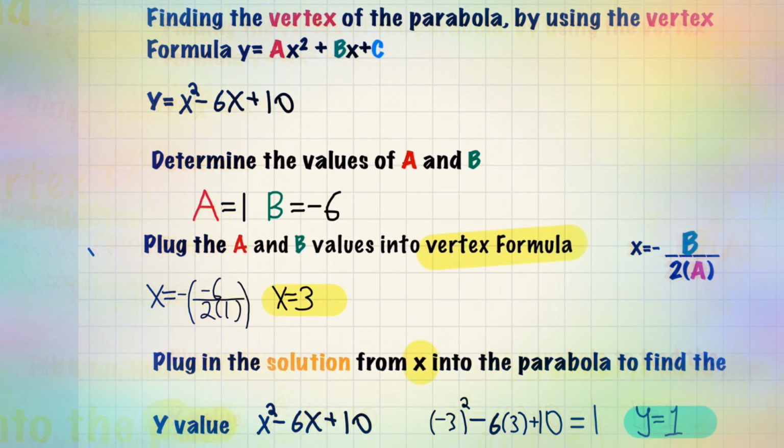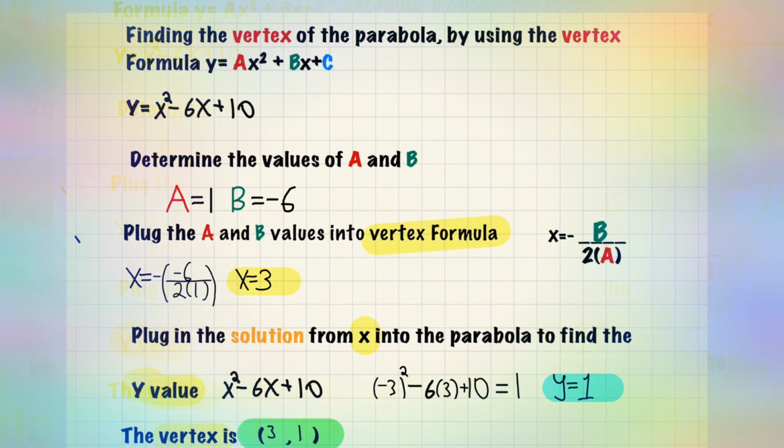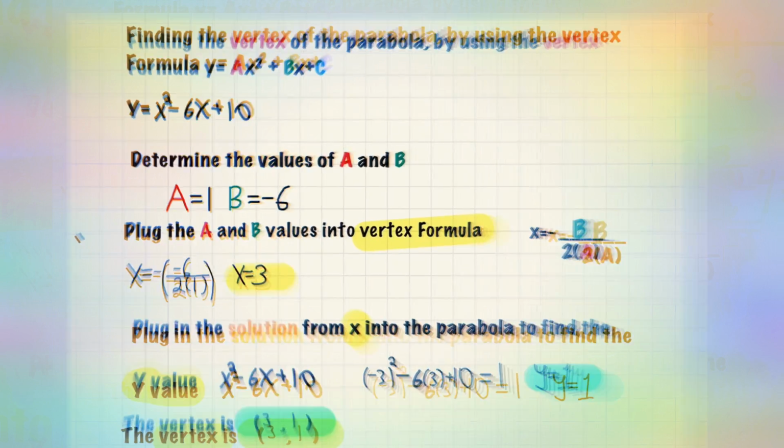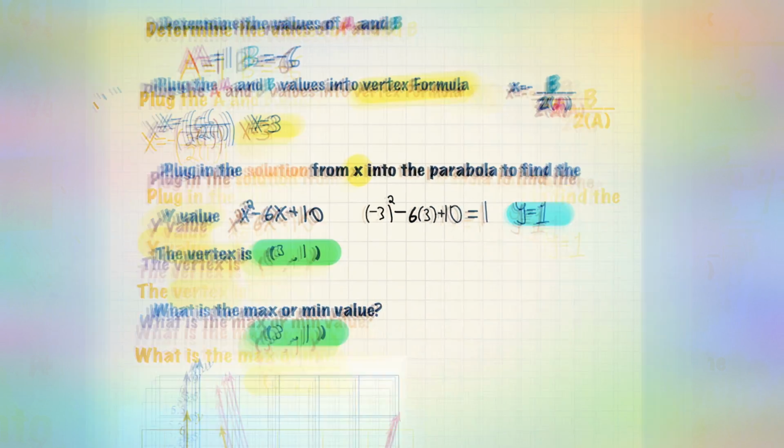B comes from the b right here, and a is the number in front of the x squared. So you simplify that. Once you found your value for x, you take that value and plug it back into the original formula. That'll give you your y value. Once you have your x and your y value, you have the point where the vertex is at.